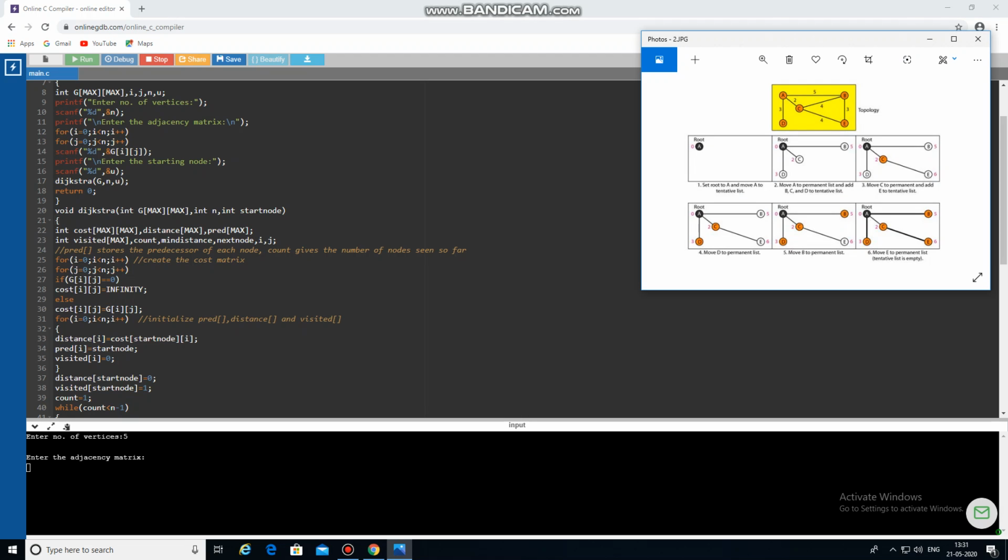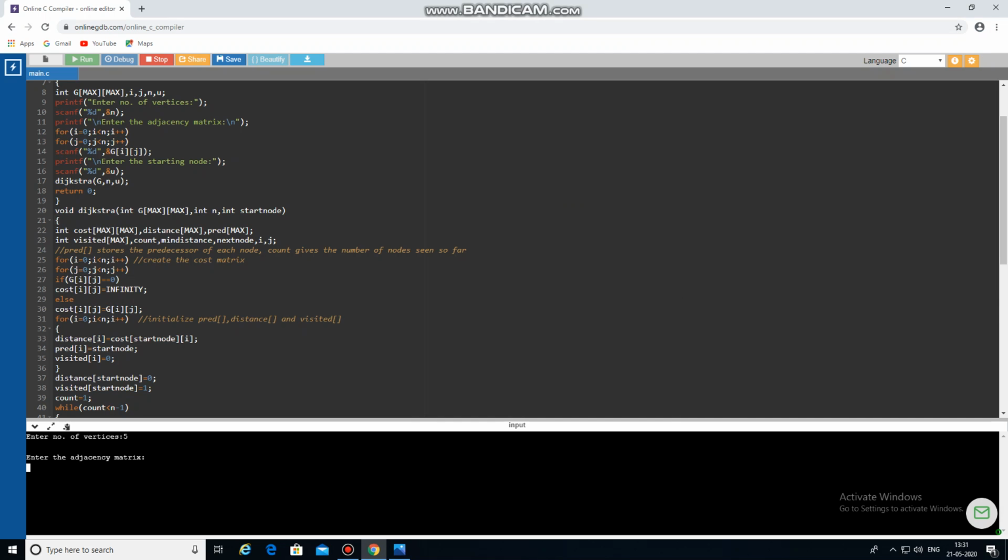Now the cost matrix for this is, from A to A it is 0, then A to B it is 5, A to C it is 2, A to D it is 3, A to E we don't have a direct connection, so we enter it as 999. We will update the entire matrix: 0, 5, 2, 3, 999.